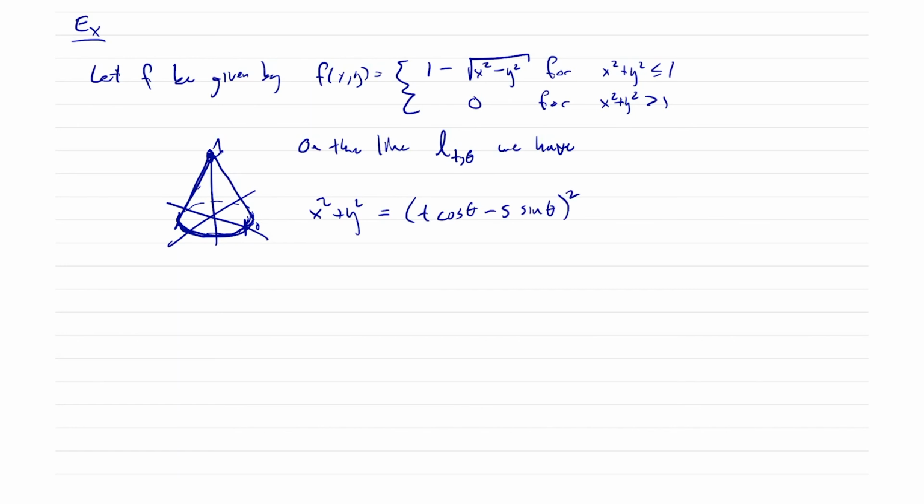So the parameter here is s. T sine of theta plus s cosine of theta squared. If you work all this out, you multiply it through and use the Pythagorean identity, what you ultimately end up getting is t squared plus s squared.